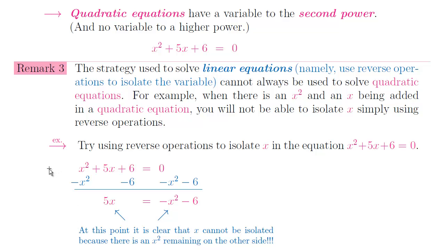See, if we tried to use reverse operations to isolate x in the equation x squared plus 5x plus 6 equals 0, we would try to get x by itself. This would mean we'd have to move the x squared and the 6 term to the right side. But doing so, we could get x by itself, but notice we still have an x term over here. So reverse operations is not the process that we will use to solve quadratic equations.